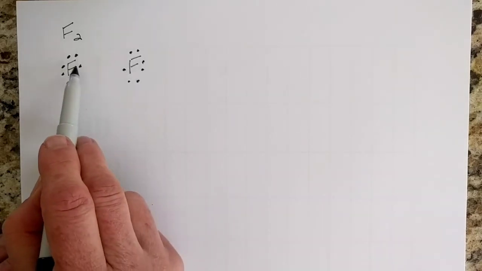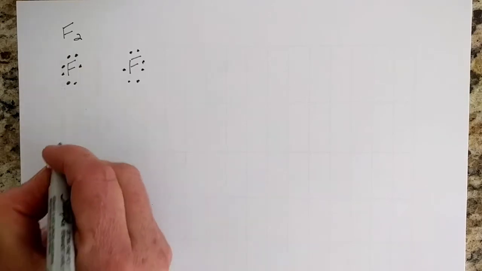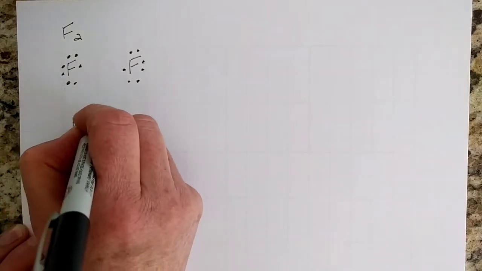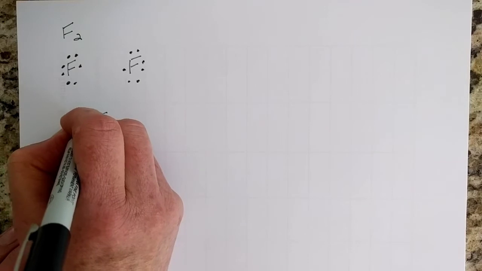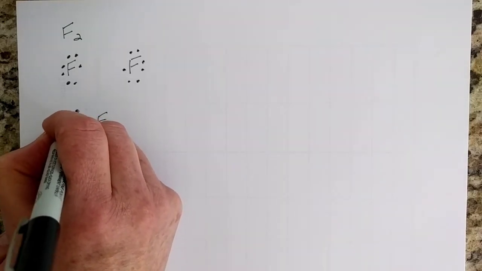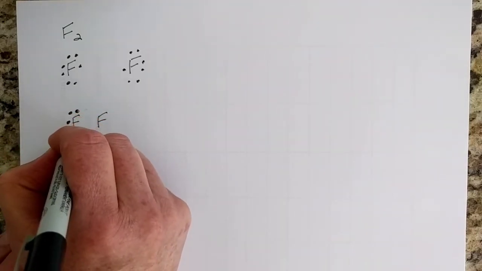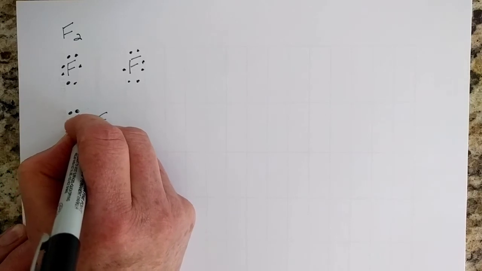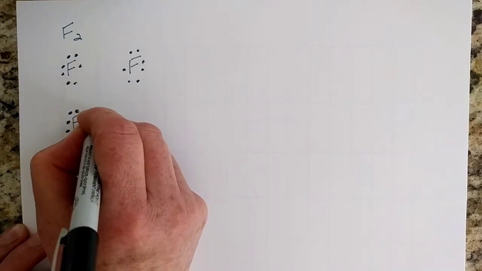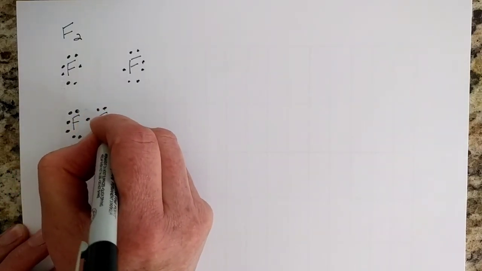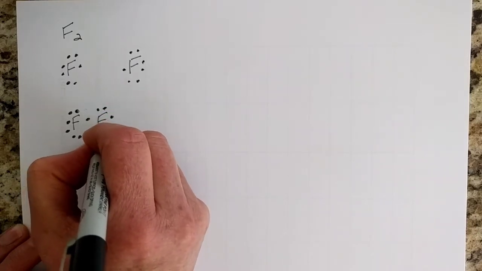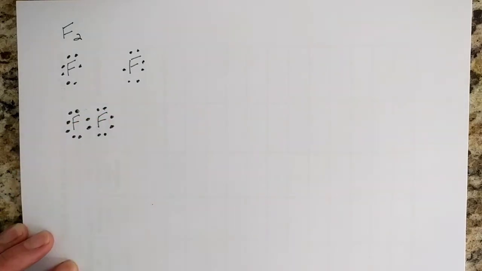So the fluorines are going to share 1 electron apiece. When they do that, our structure looks like this. So 1, 2, 3, 4, 5, 6, 7. And now this fluorine has 1, 2, 3, 4, 5, 6, 7.